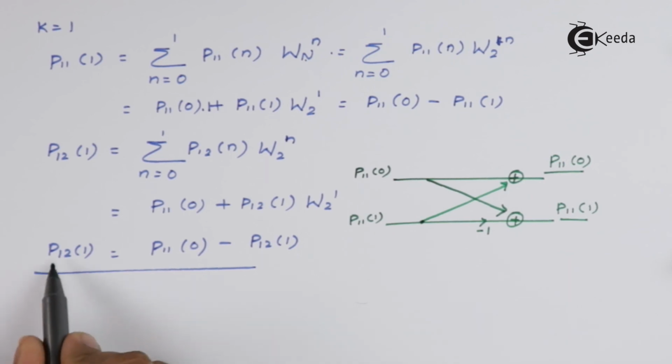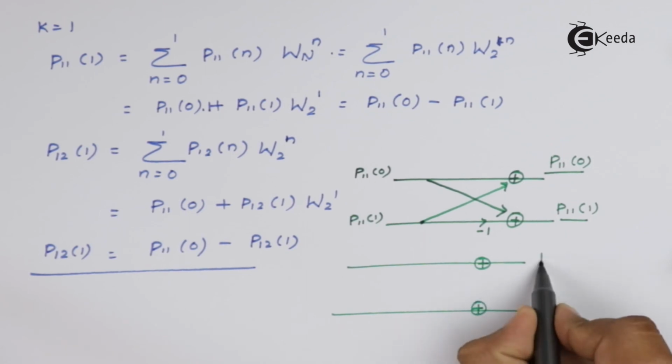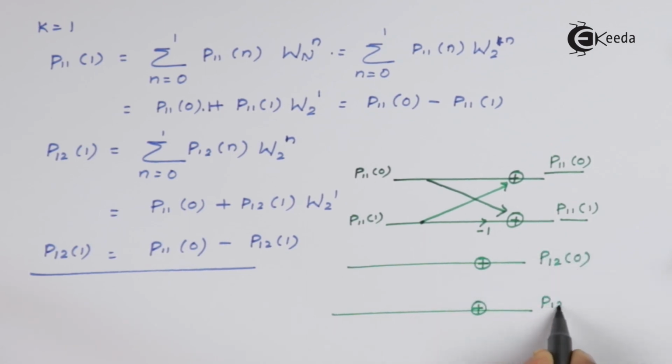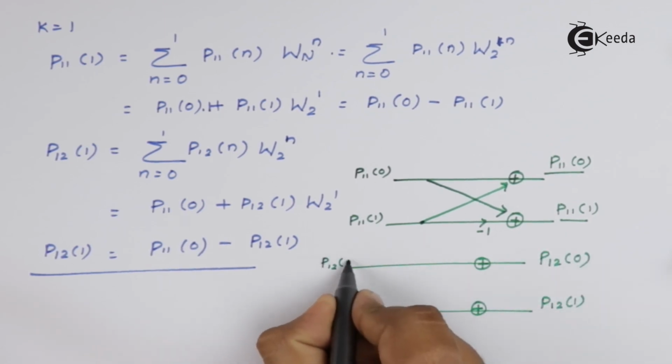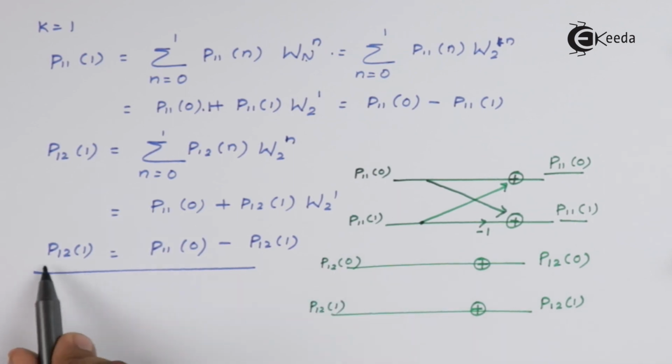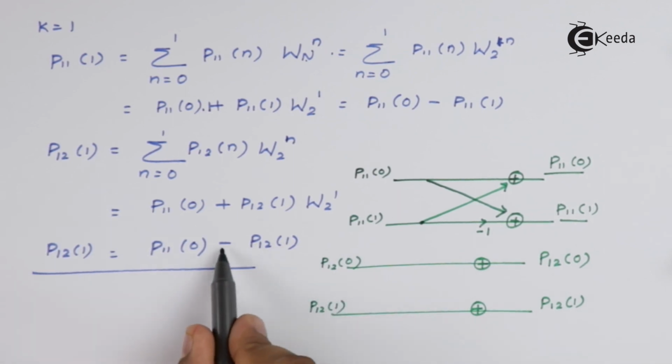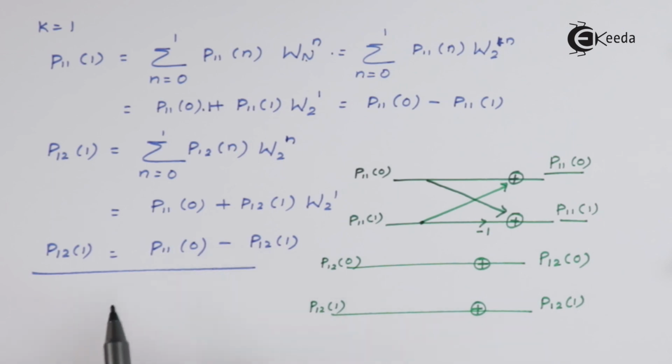Similarly, we can calculate the value of P12 of 1 and P12 of 0. Now P12 of 1, basically it is a subtraction between P11 of 0 and P12 of 1, and P12 of 0 is the addition between these two. So what I'm going to do, I'll connect one line to this adder, so automatically these two values get added.